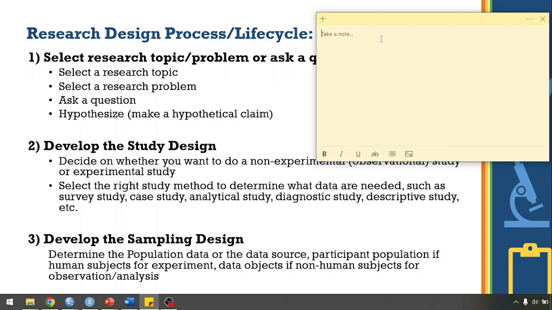If you present it as a research topic, you can say this research will seek to study socioeconomics. It's just a topic. Or if you really want to drill down on a problem, you can say this research will seek to study the relationship between poverty and intellect.